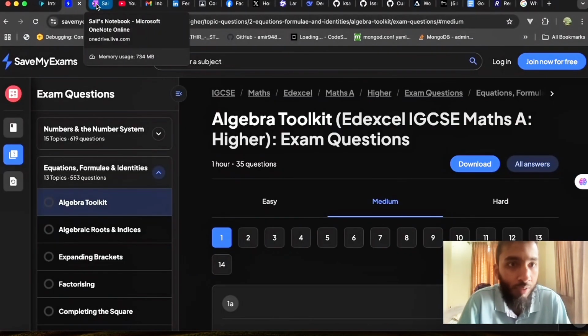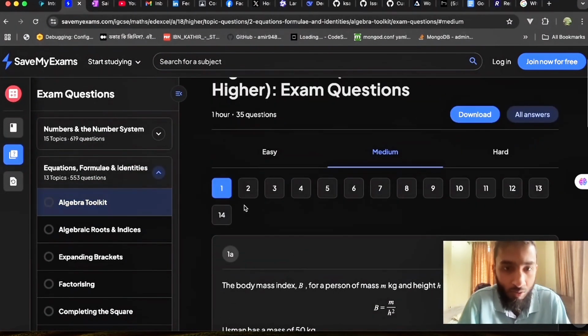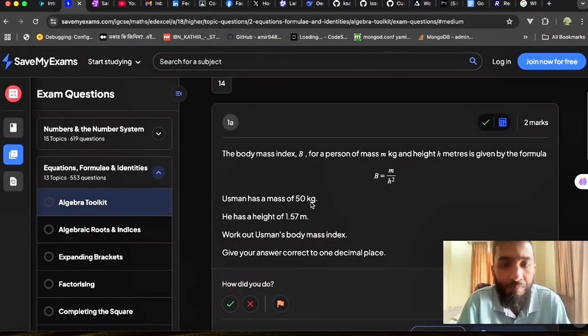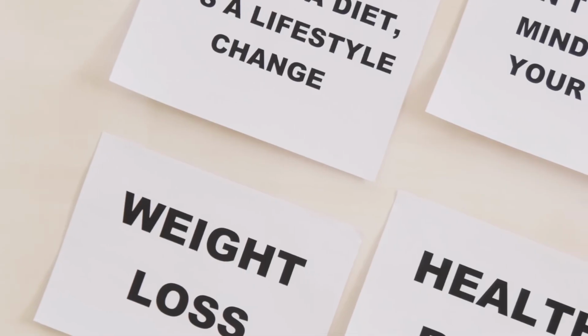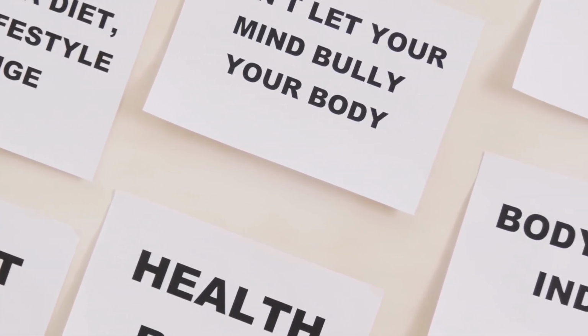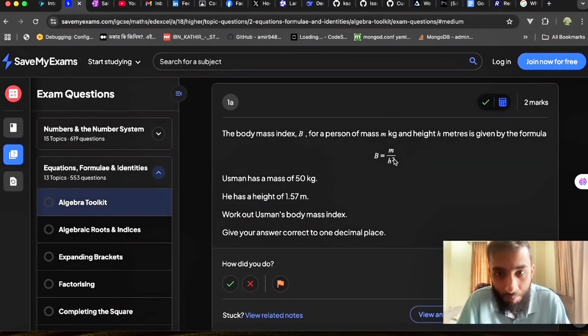Now if I focus on a medium category problem from the algebra toolkit, the first problem, the first part, which is 1a. Let's read the problem. It says the body mass index B for a person having a mass of m kg and a height h meters is given by the formula B is m by h square.